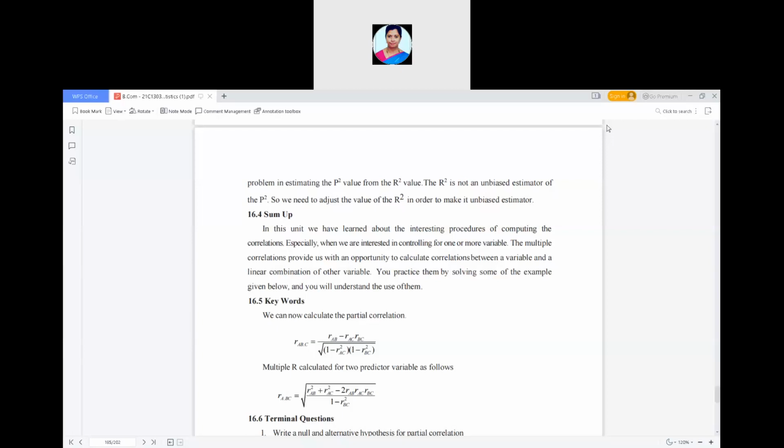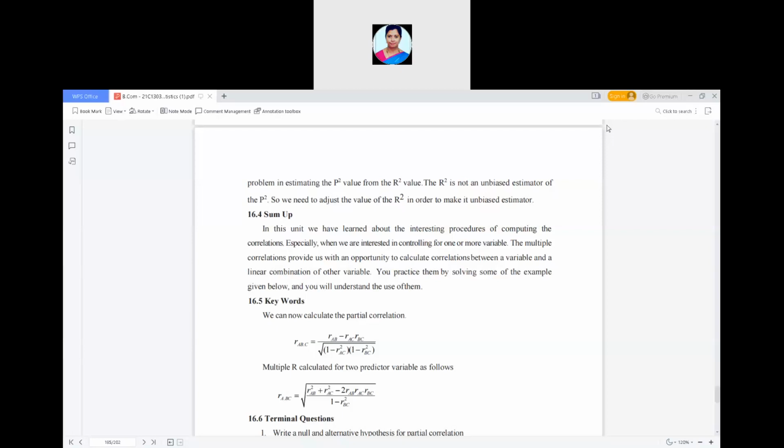For multiple correlation, R is calculated for two predictor variables in this manner. RA laid out of BC is given by the square root of RAB square plus RAC square minus 2 into RAB into RAC into RBC, divided by 1 minus RBC square.